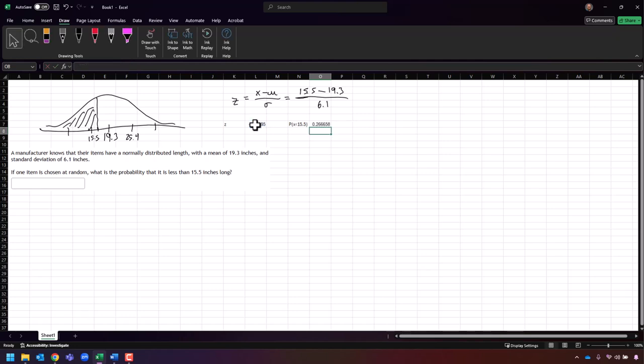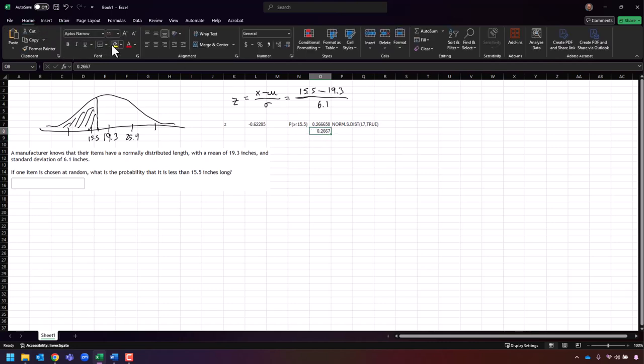True gives me that area to the left, and then we usually round this to 4 decimal places. 0.266, and the 6 is followed by a 5, so that's going to go to 7. We want to be careful to make sure we have enough decimal places. Sometimes you have to drag this over and get more decimal places just to make sure that our rounding is done correctly.